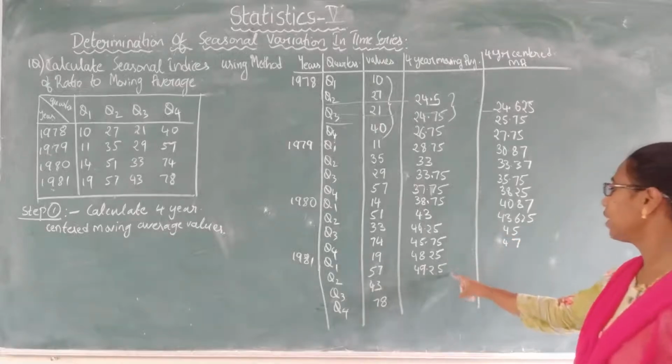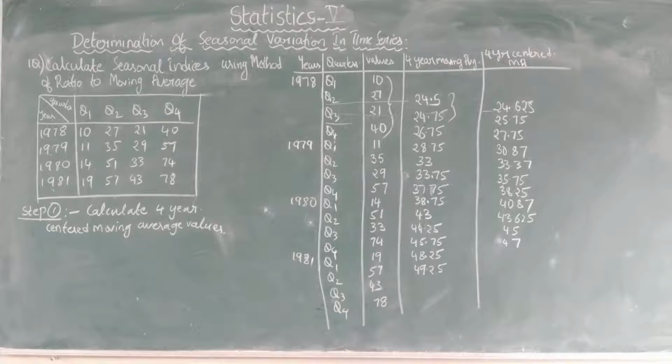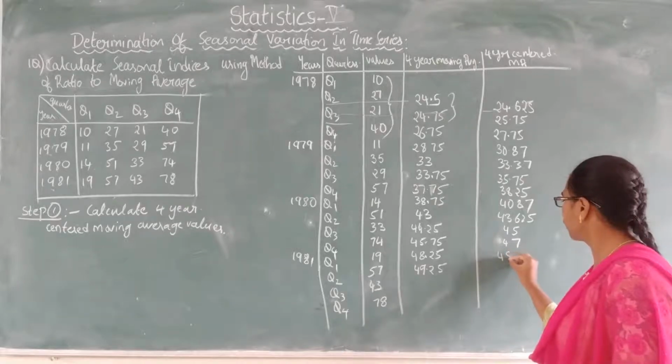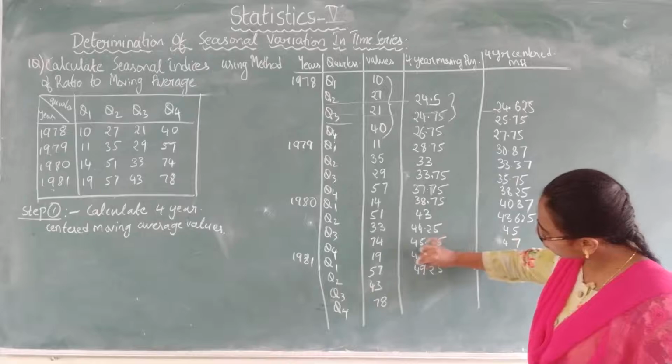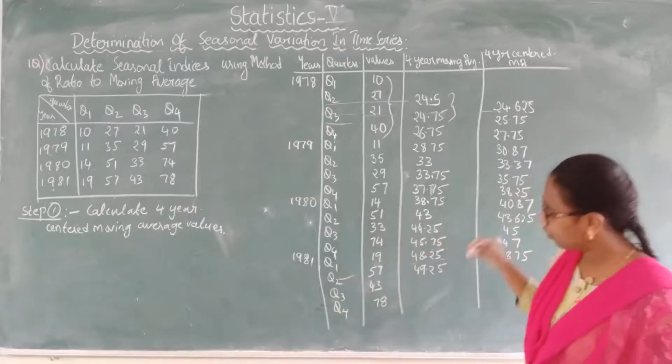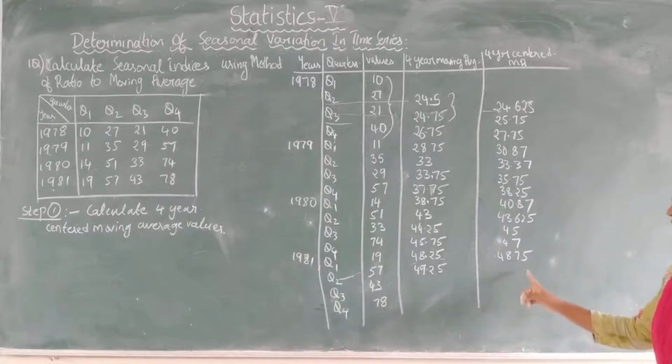Next, the last: 48.25 plus 49.25 divided by 2, you will get 48.75. So we got the last value in between those 2 values, that is at Q2 of 1981.